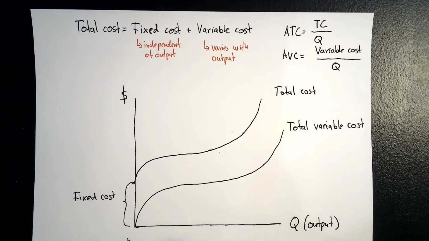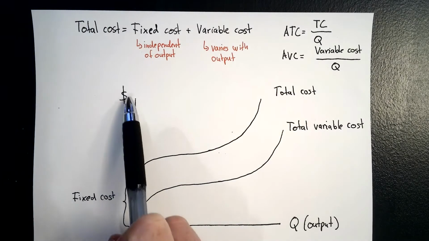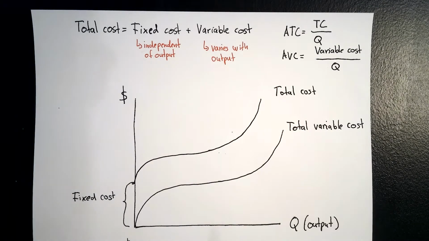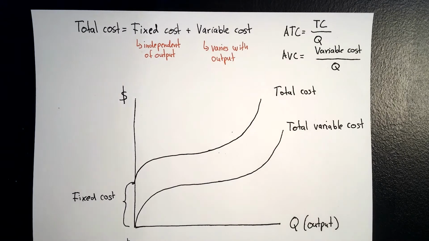So this is what you have in the graph below here, where you have the output on the horizontal axis and you have a dollar amount on the vertical axis. Okay? And here the dollar amount is equivalent to the cost.